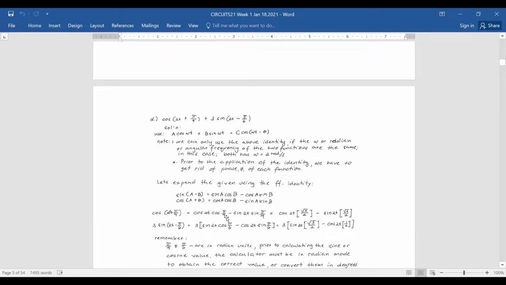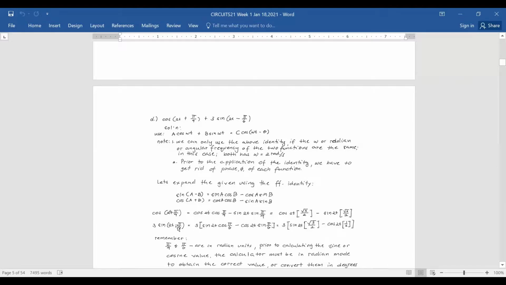Cosine 45 degrees, of course, is 0.707 or square root of 2 over 2. So similarly, sine pi over 4 is also equal to square root of 2 over 2, because we know sine 45 is also square root of 2 over 2 or 0.707.